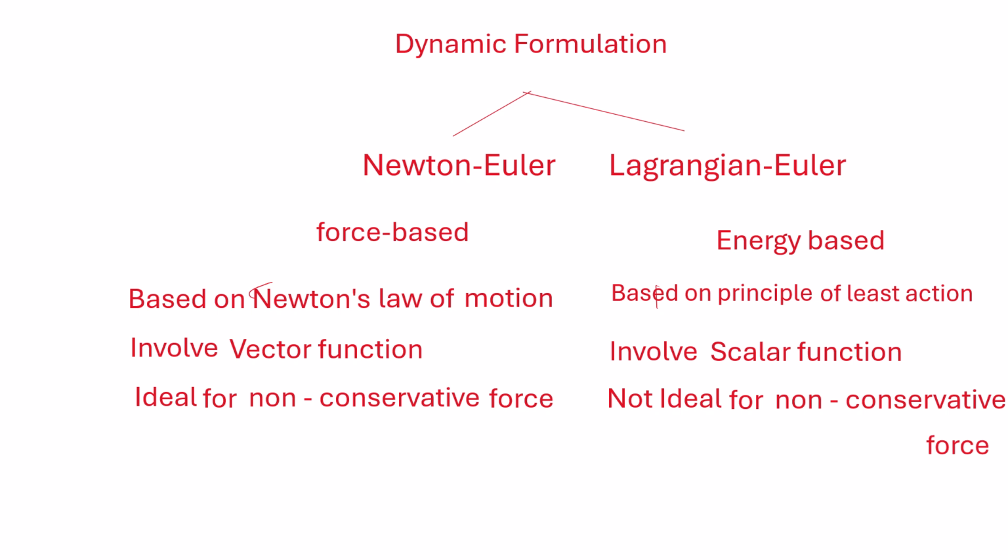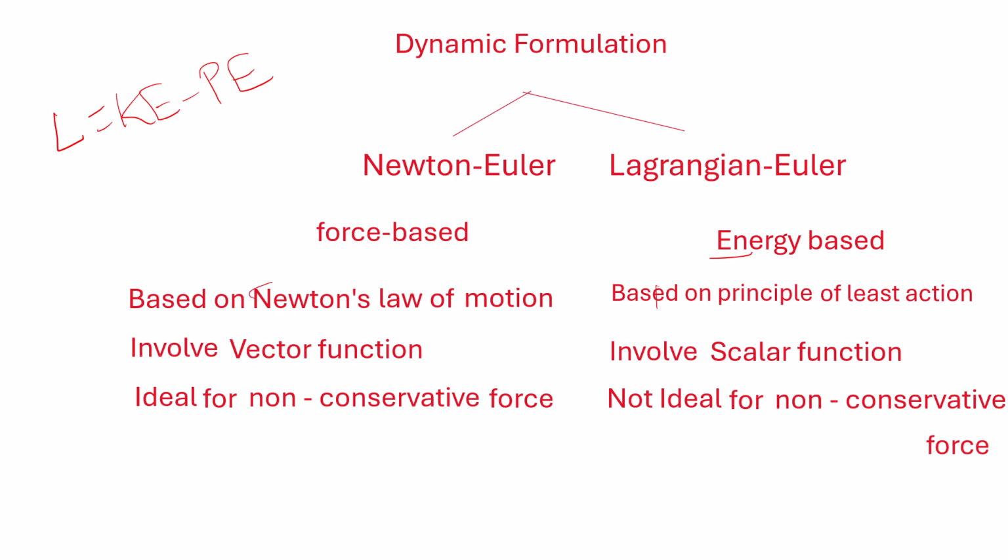The torque equation can be determined by two methods. One is the Newton-Euler method and the other is the Lagrangian-Euler method. The Newton-Euler method is force based, that is, it is based on Newton's laws of motion, whereas the Lagrangian-Euler method is energy based and is based on the principle of least action, which means that the Lagrangian, the difference between the kinetic energy and the potential energy, should be as little as possible for the object in motion.